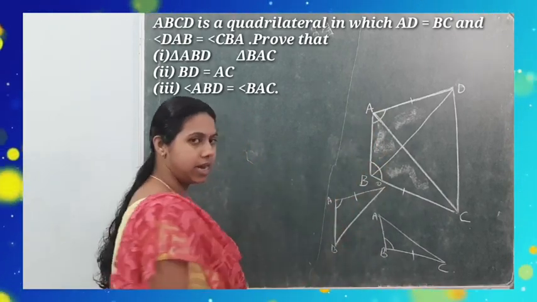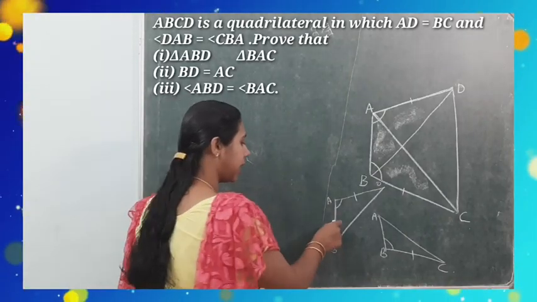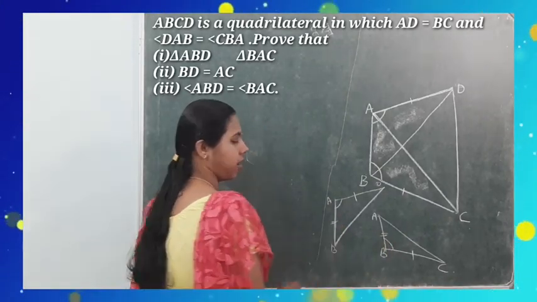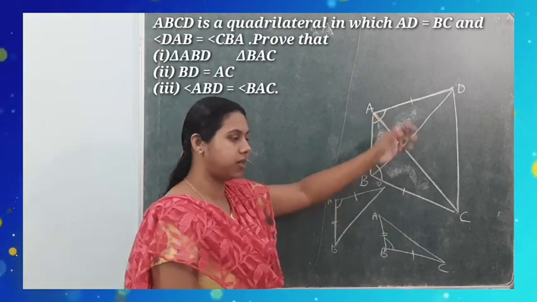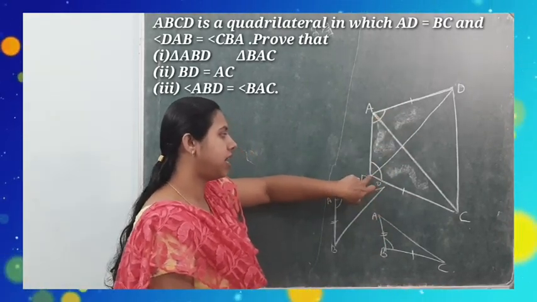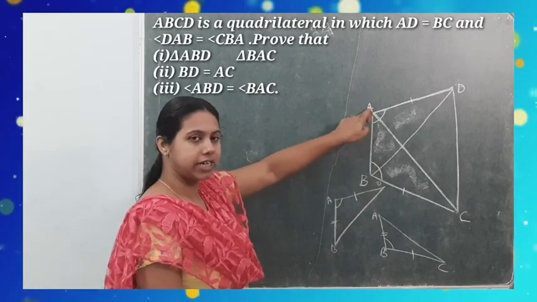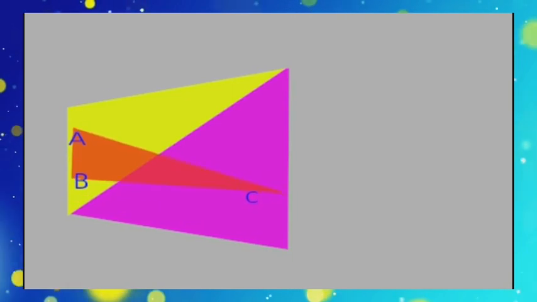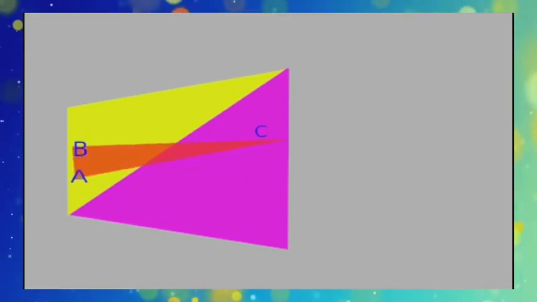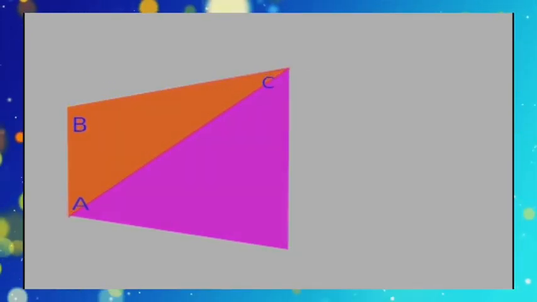So they are equal in measure. So we can say that AB equals BA, because when you take this triangle and keep it on top of this, the vertex B will coincide with the vertex A and C will coincide with D. So it will move from here.